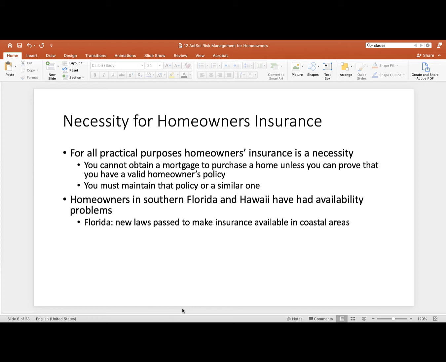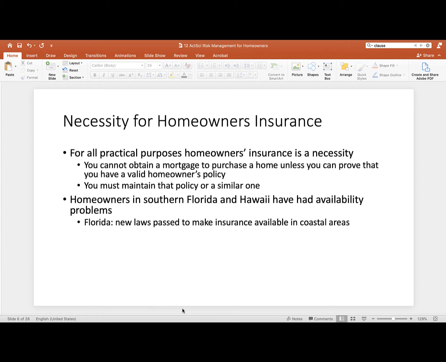And these issues are important for the reasons we're going to look at here. They're important for all practical purposes. Homeowners insurance is a necessity because of these things I just mentioned to you.